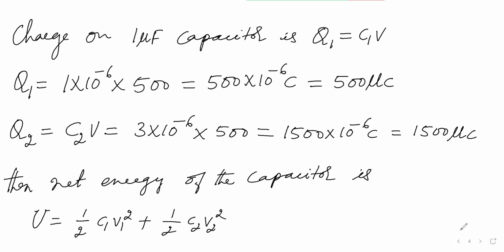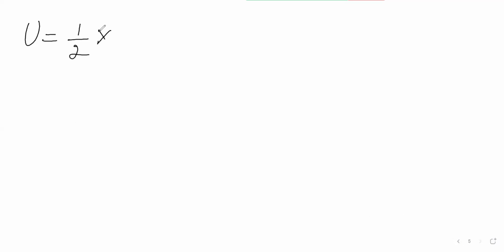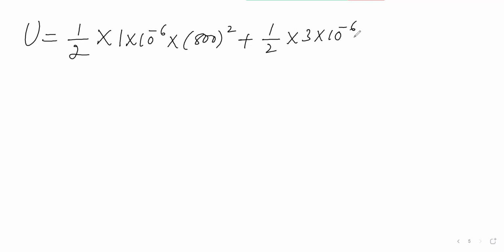U equals 1 by 2 into 1 into 10 to the power minus 6 into 800 whole square plus 1 by 2 into 3 into 10 to the power minus 6 into 400 whole square.